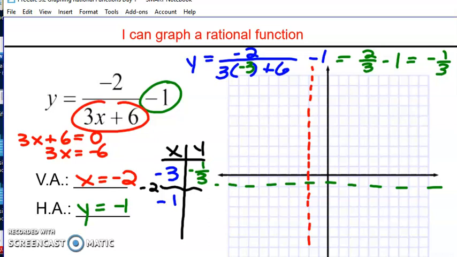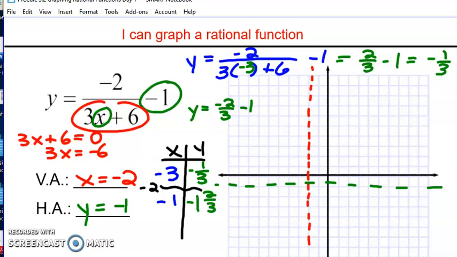If I plug in negative 1, I would go 3 times negative 1, which is negative 3. Negative 3 plus 6 is positive 3, and then I end up with negative 2 over positive 3 minus 1, which is negative 2/3 minus 1. I can just write it as negative 1 and 2/3. If I wanted to write it as negative 5/3, that's okay also. And those are the 2 points I'm going to plot.